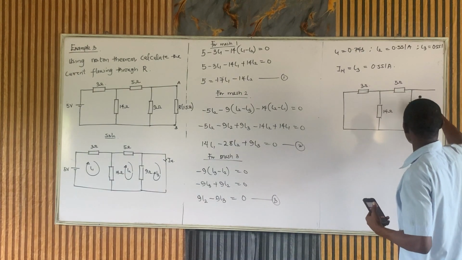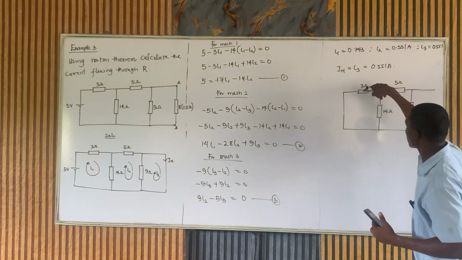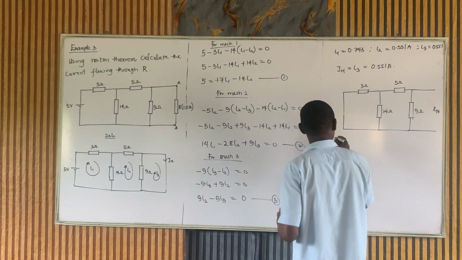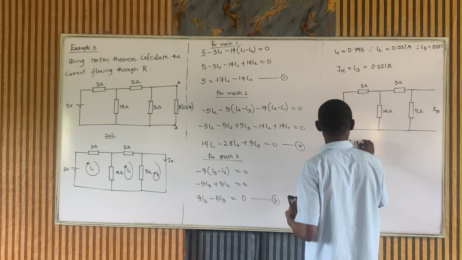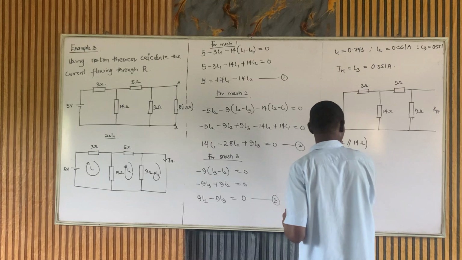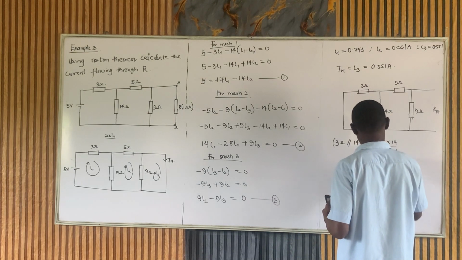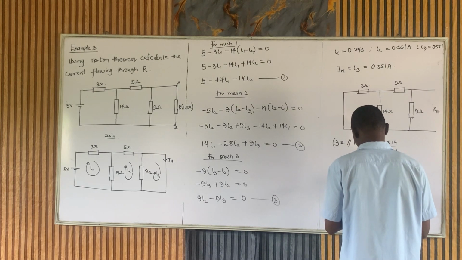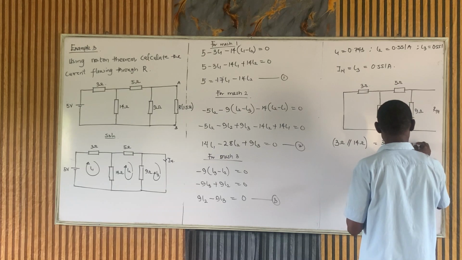When it gets to this point, it is split. Some will go in here, some will go in here. And that which goes in here gets to this junction again and splits again. So some will go into this part, some into this part. These two are in parallel. So in the first case, 3 ohms in parallel with 14 ohms. That will be 3 times 14 over 3 plus 14, so 3 times 14 over 17. This is 2.47 ohms.